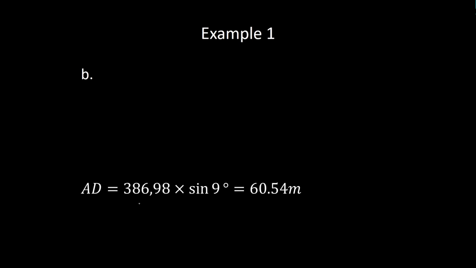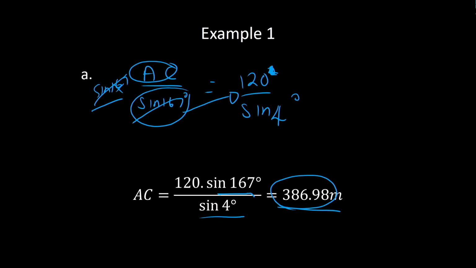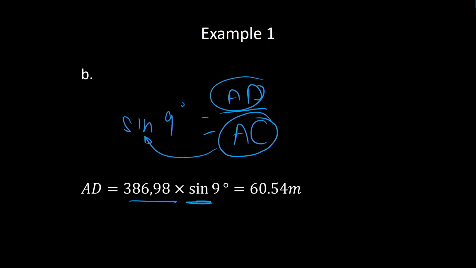So sine of 9 degrees is equal to AD over AC. Therefore AD would be equal to AC times sine of 9 degrees, which is 386.98 times sine of 9 degrees, and that gives us the height of the cliff as 60.54 meters.